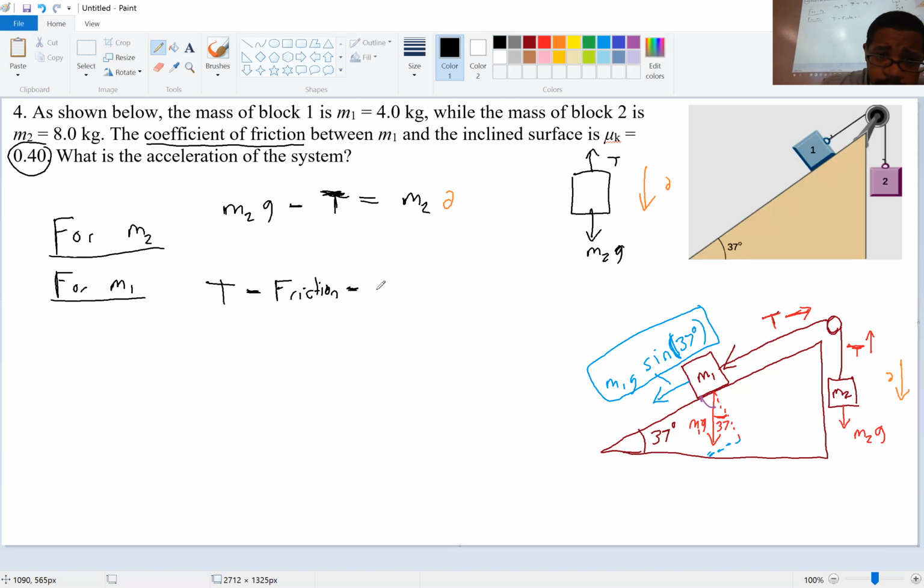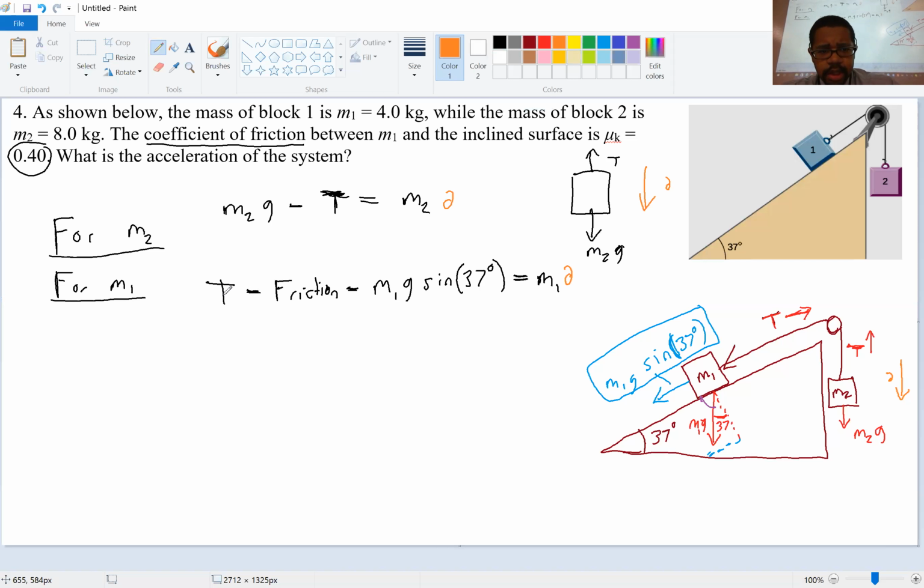All right, so tension's acting this way. Okay, so basically I just copied down what he has here.